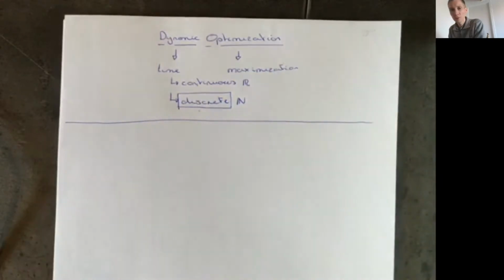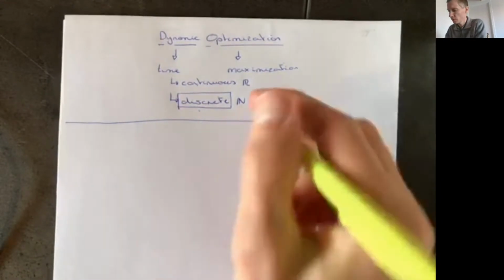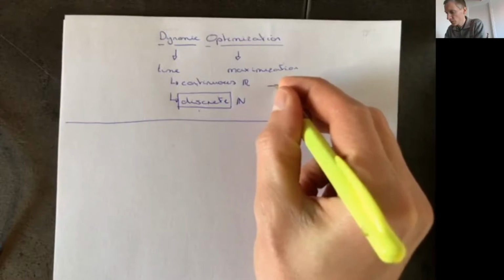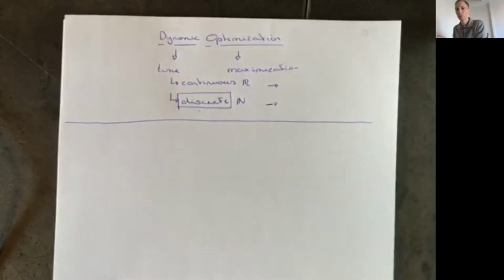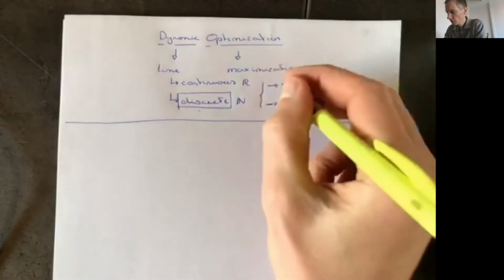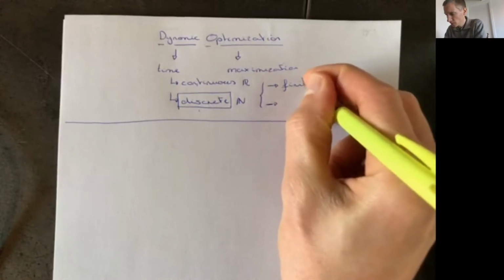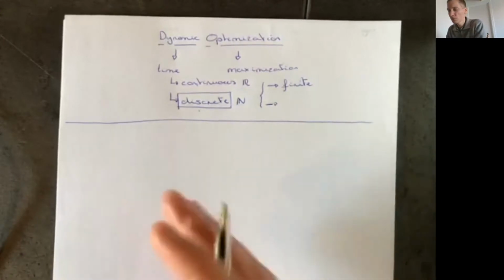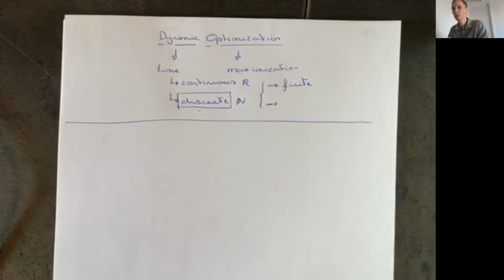So you have continuous and discrete. You also have a second distinction, which has to do with the time horizon over which we see the problem. In this respect, you have finite horizon problems, which means that after some period of time, the problem stops. So you only look a finite number of periods ahead.